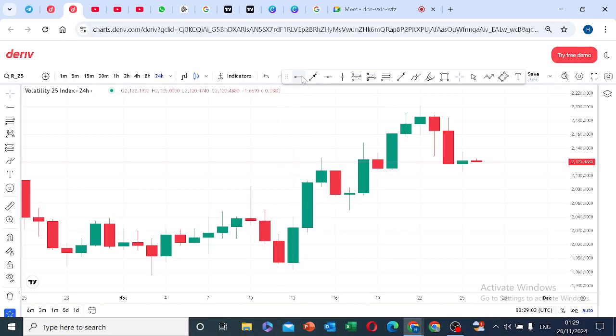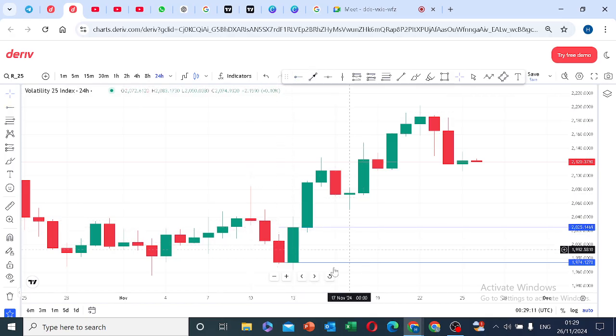It started this 1 o'clock from this bottom here, and at the end of the 1 o'clock, it closed at the top here. That is how a bullish candlestick is formed. A bullish candlestick opens at the bottom and closes at the top, leaving price weak behind.